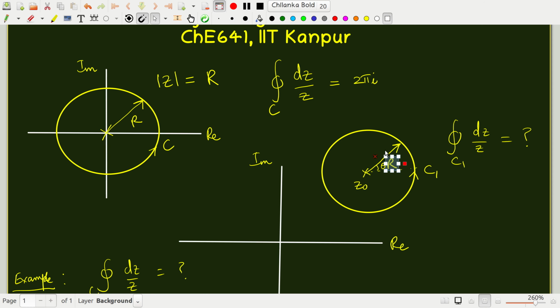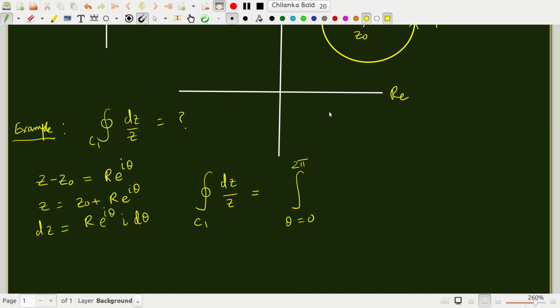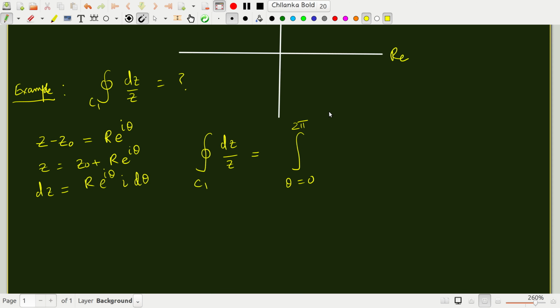This is a circle of radius r. While theta goes from 0 to 2 pi, it's not circling the origin. The coordinate has been shifted to z naught.